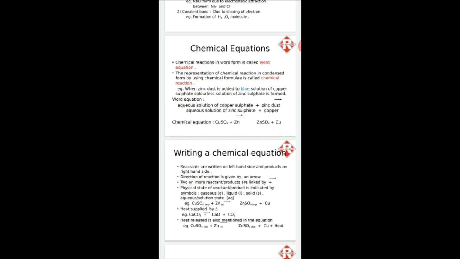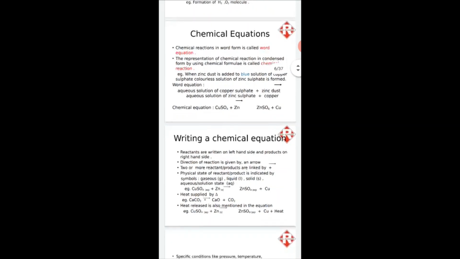In such an example, we write both reactant and product in word form. So this is a word equation. Now, when we write the chemical equation in chemical form, using the molecular formulas of reactants and products, it is given as CuSO4 plus Zn gives ZnSO4 plus Cu.